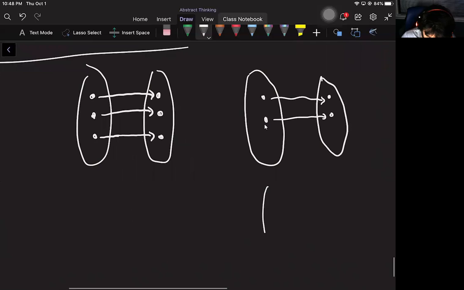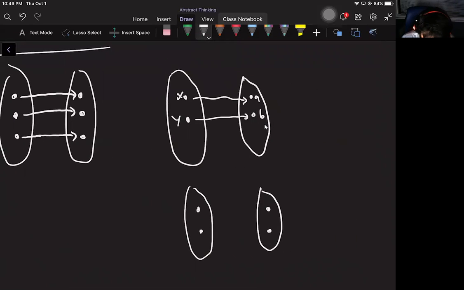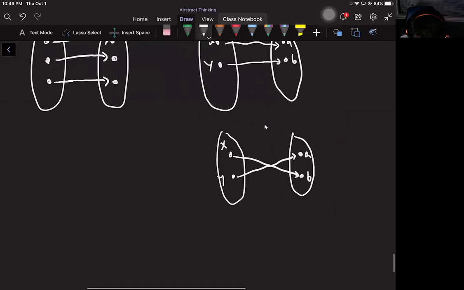And of course, you can have two different bijective functions or more. So for example, if I actually name these things, I call this like x and y, a and b or something, that's the function that turns x into a, y into b. And it is a bijective function, but I can do this instead. Still a bijective function because each element is only getting hit once on the right and everything is covered.